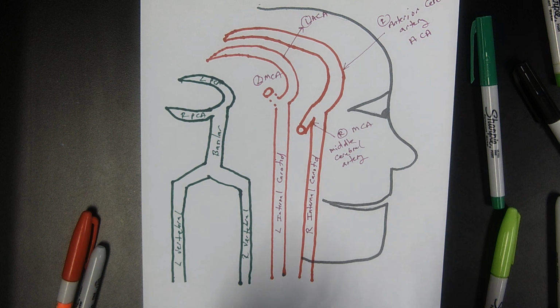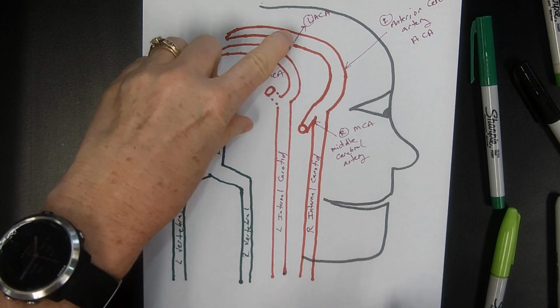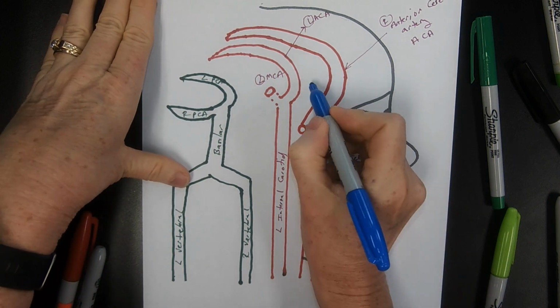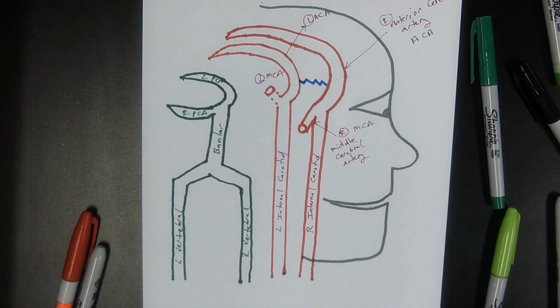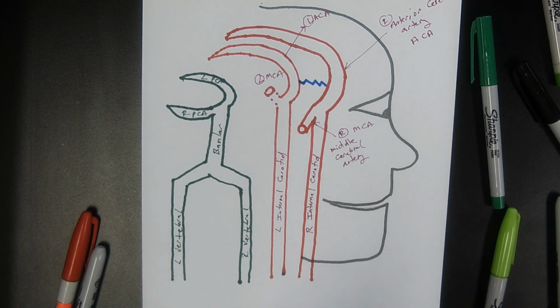So what's going to happen is the ACA has a small connection up front. And again, this is something that we'll see when we pull the branch. You'll see the right and left ACAs coming back, and then there's an artery that connects the two of them. The job of this artery is to allow blood to flow between the left and right halves of the brain, in case there's a blockage somewhere.